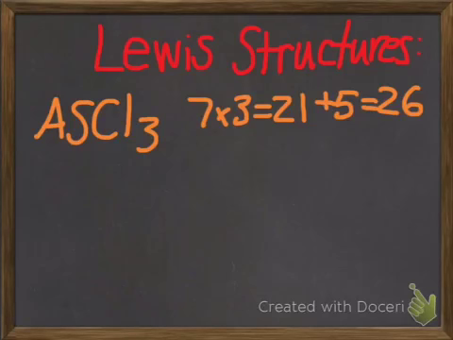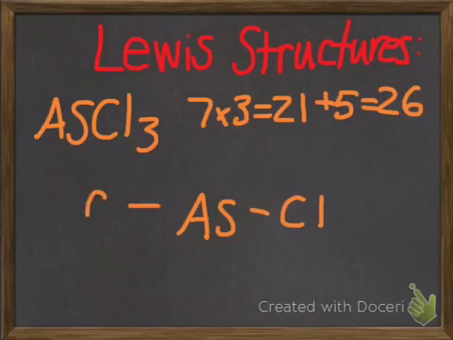So it will look like this. As in the middle, and then we have Cl, Cl, and Cl. As you can see, I connected the Cl's and As's with lines, and each line, which are called bonds, connecting the As to the Cl's, are worth 2 electrons, and in a minute we are going to start drawing dots that will each count as 1 electron.